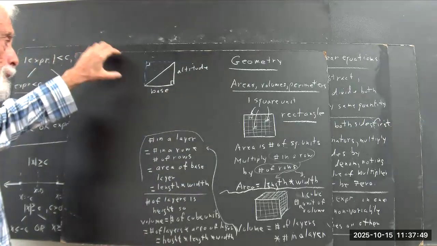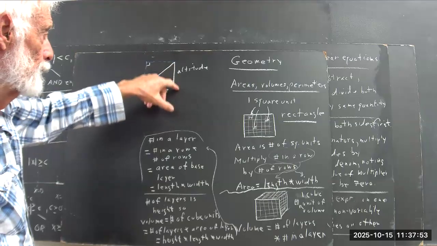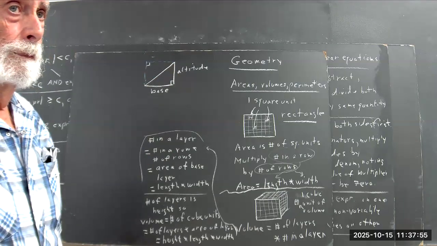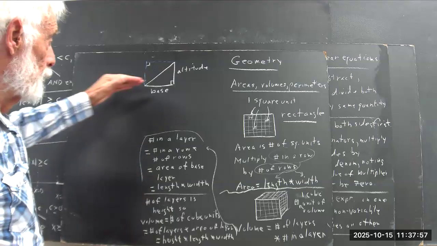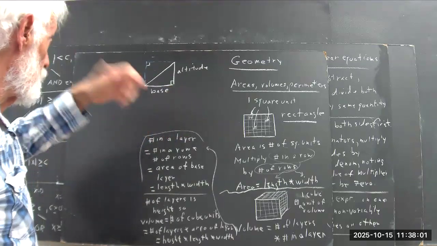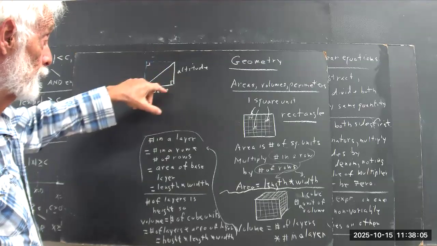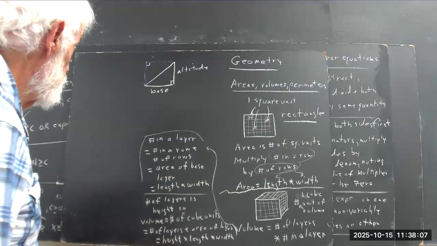Well, with triangles, we refer to one side as the base, the other side is the altitude. Okay, now that's when you have perpendicular sides. The altitude will be the length of the side perpendicular to the base.